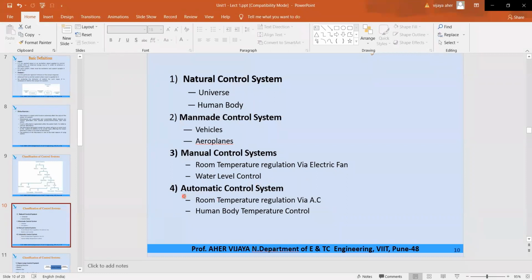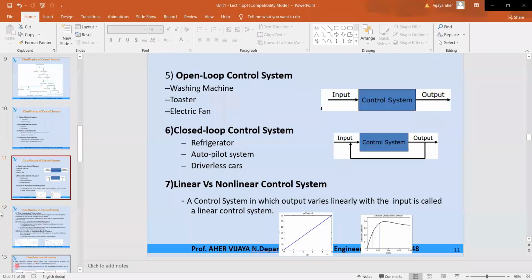Next type of control system is automatic control system. Examples, room temperature regulation via AC, that you know very well. Human body temperature control is also an automatic control system. Next classification or category is open loop control system. For example, washing machine, toaster, electric fan.